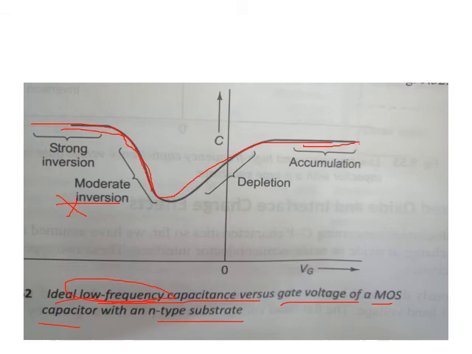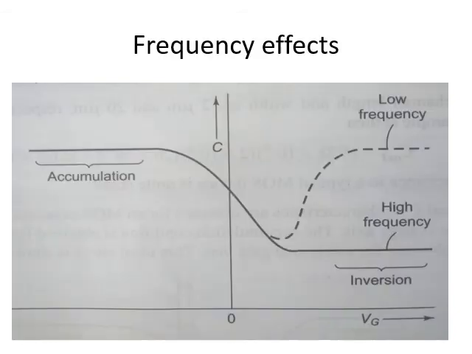Why is it a mirror image? Because we are taking an n type substrate. If you had taken a p type substrate, the graph would have been exactly the mirror image of this. So we have studied frequency effects. In accumulation, there is no problem; capacitance is maximum. In depletion, the capacitance decreases.